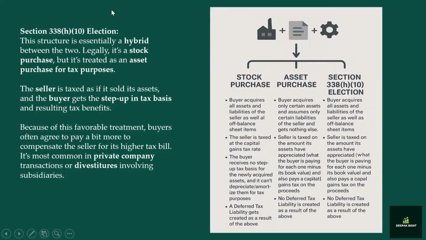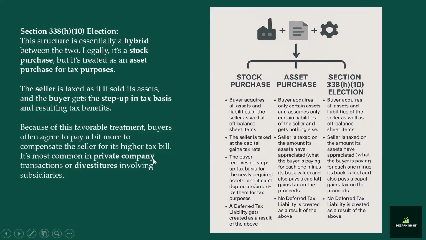So the buyer actually pays more if there is a section 338 election. This is used when private companies, subsidiaries, or divisions are being sold off.